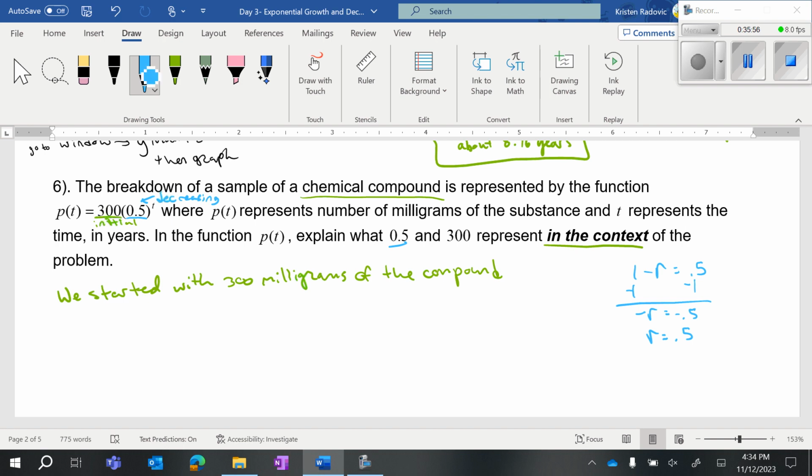So it means that you are losing 50% of the compound each year. And it's important to note that it's 50%, it's not 50 milligrams. If you have exponential functions, it's always percentage-wise.